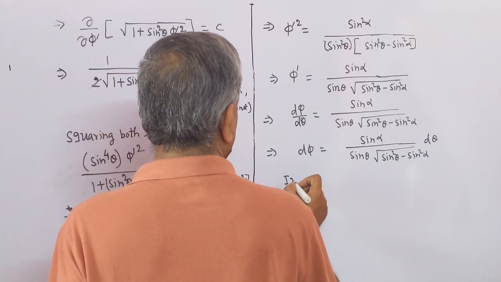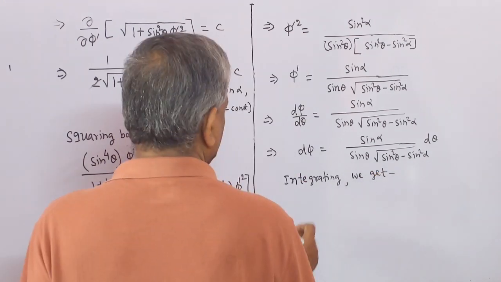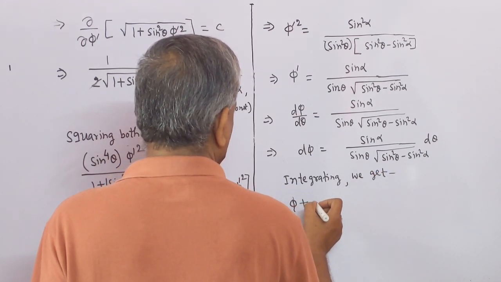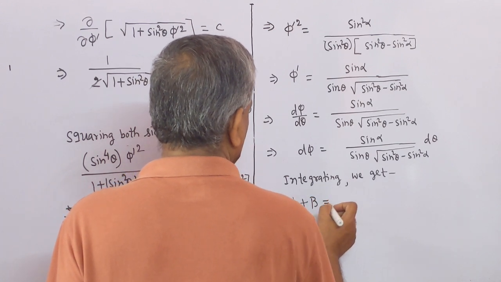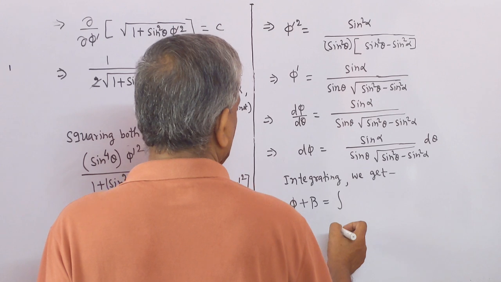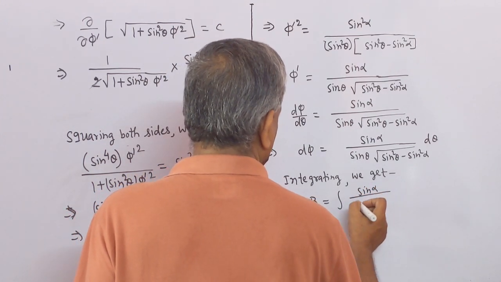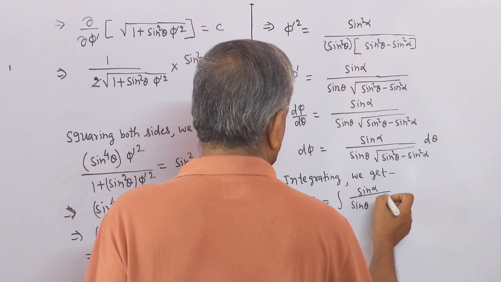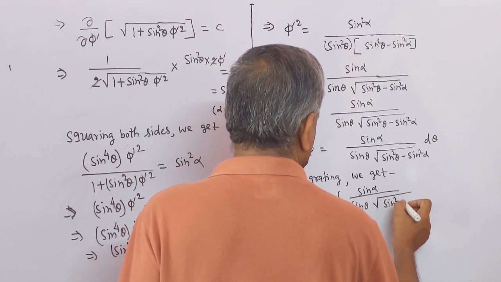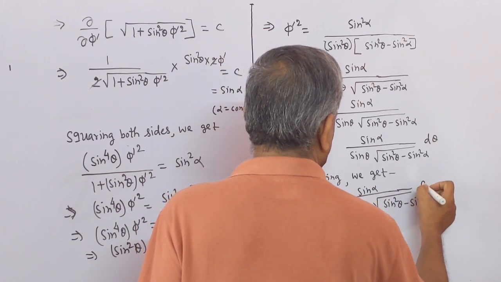Integrating, we get phi. Let us take a constant beta equal to integration sin alpha by sin theta square root of sin square theta minus sin square alpha d theta.